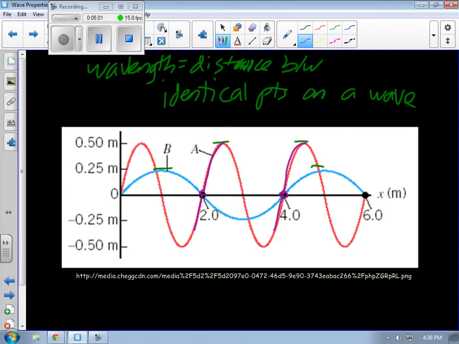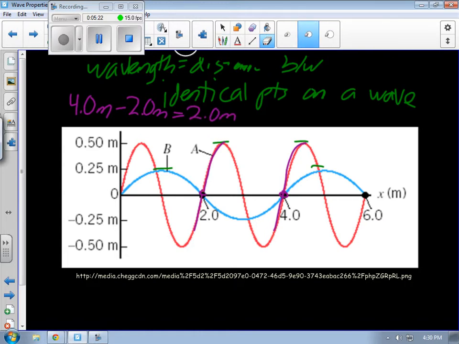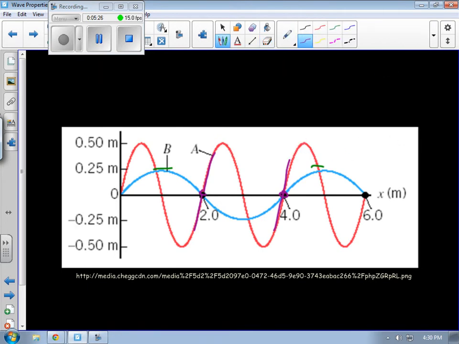So for this red wave, our farthest point is at 4, so 4 meters, and our closest point is at 2 meters, so our wavelength is 2 meters. And the symbol for wavelength is the Greek letter lambda. So wavelength is symbolized by lambda, and we said for our red one it was 2.0 meters.